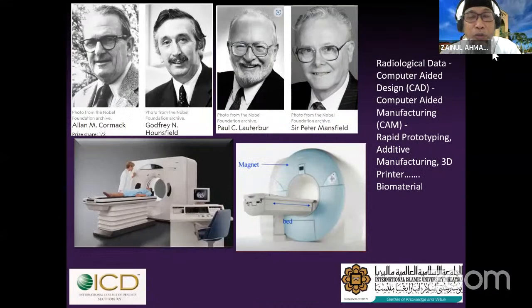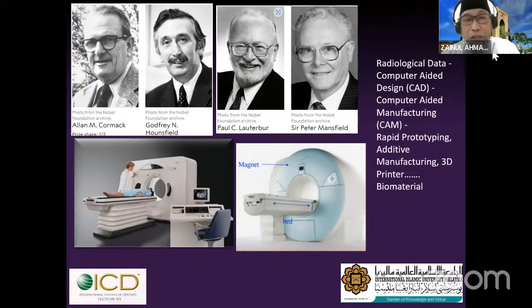I would also like to acknowledge the people who have contributed a lot to the development of science and medicine, especially Cormack and Hounsfield, Lauterbur and Mansfield, who invented CT scan and MRI, and subsequently these two save lives. Definitely, as you can see, the importance of diagnosis depends on CT scan and also on MRI.